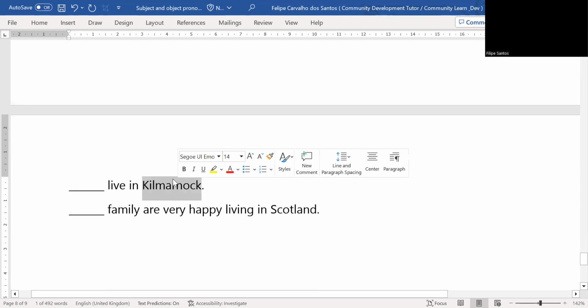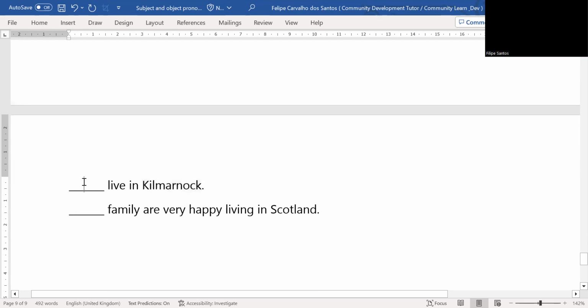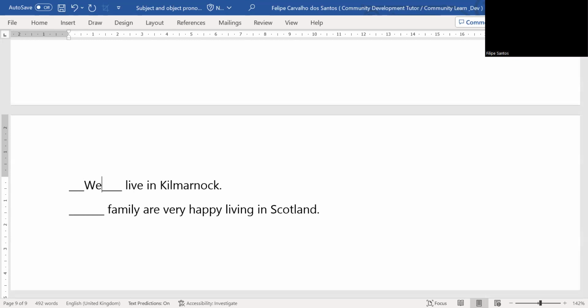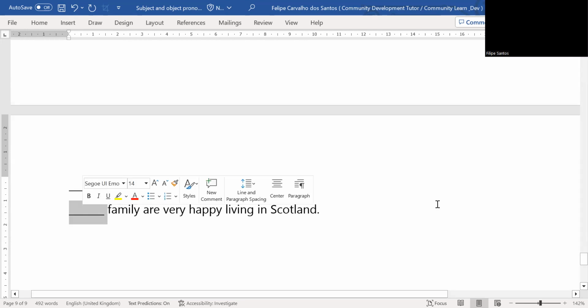Okay, so this is the name of the place, and this is the family. So we live in Kilmarnock. Our family are very happy living in Scotland. So that's me and my family. So what can we use in here?